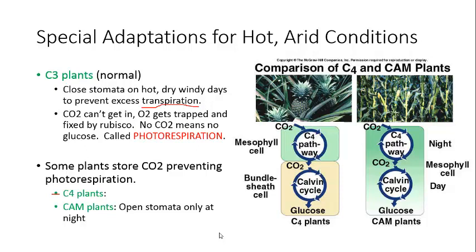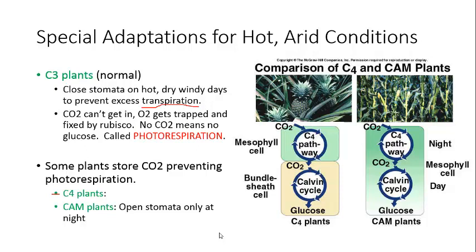If you can store carbon dioxide, you do not have to worry about photorespiration taking place. Because no matter what, whether your stomata are open or closed, carbon dioxide has the ability to enter the Calvin cycle. The difference between a C4 plant and a CAM plant is how they store the carbon dioxide.